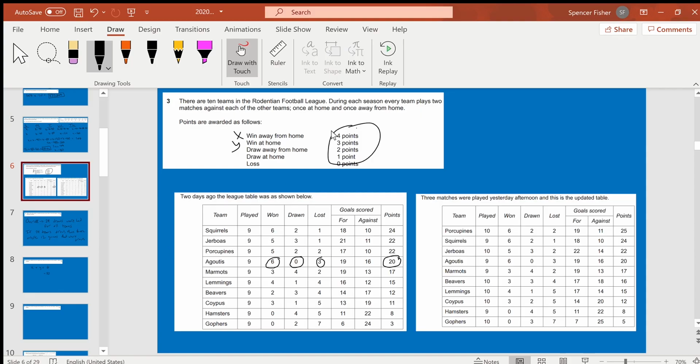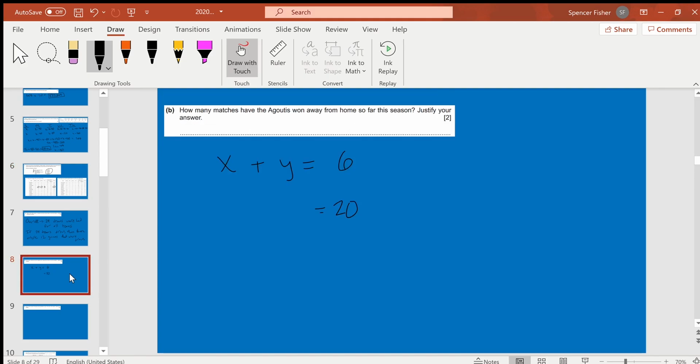We can get 4 points for a win, which would be 4x if that's away from home, and 3 points for a win at home, which would be 3y. So from here we have our system of equations, and we can do basically whatever method you want in order to solve. You could substitute, or you can do elimination. Me personally, I would want to do elimination.